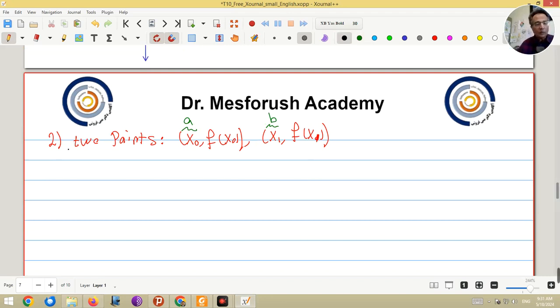Okay, now consider the integral from a to b of f of x dx equal to alpha 0 f0 plus alpha 1 f1.